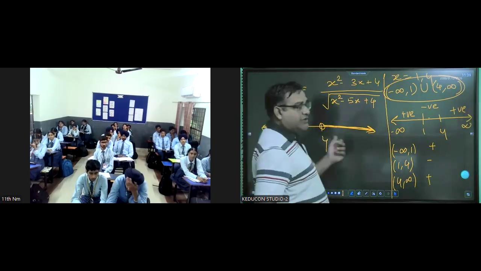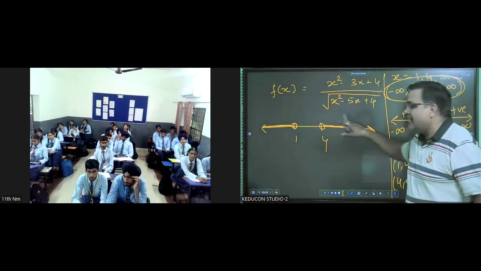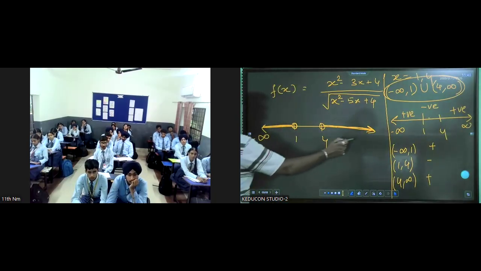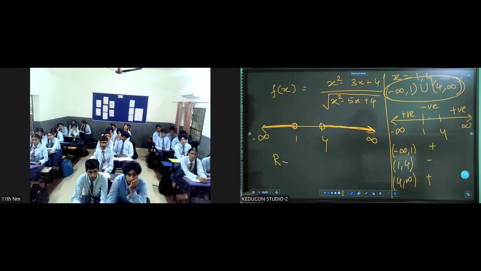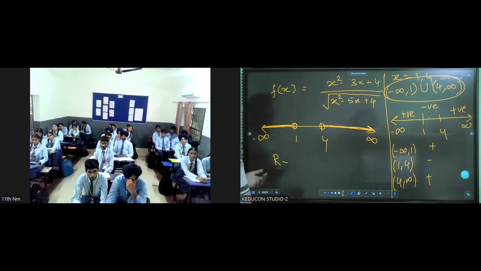Another way, in which the option in the MCQ can be, this entire thing is your real numbers, minus infinity to infinity. This entire thing is your R. If you subtract this interval region from the total real numbers, this can also be written like this.